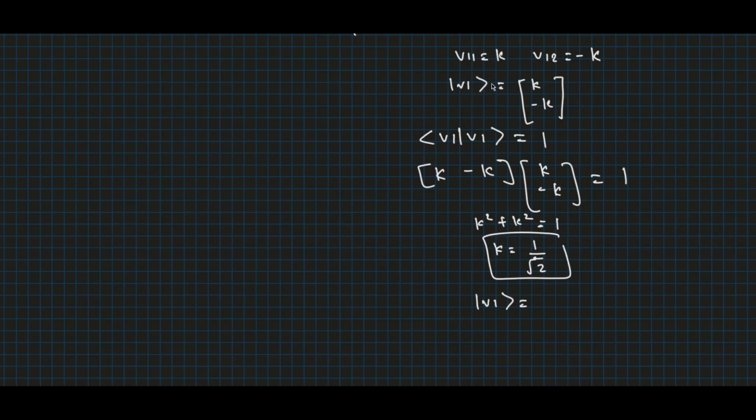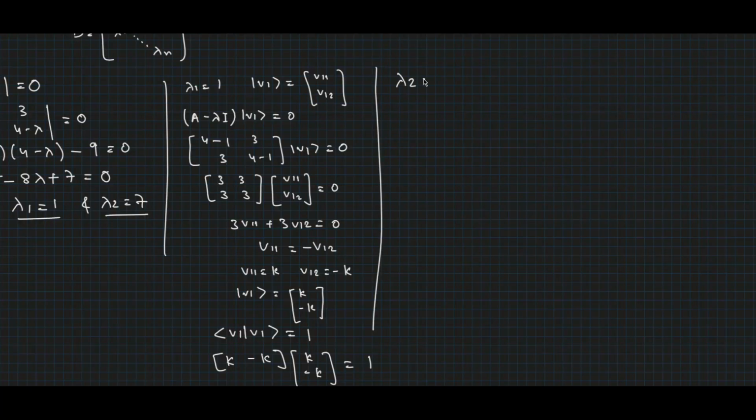So our normalized v1 eigenvector is v1 equal to 1 by root 2 times [1, minus 1]. Similarly, for lambda 2 equal to 7, the corresponding eigenvector v2, which is [v21, v22], will be equal to 1 by root 2 times [1, 1], solving in the same fashion.